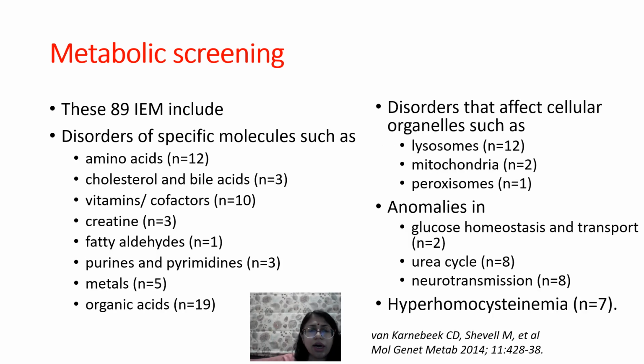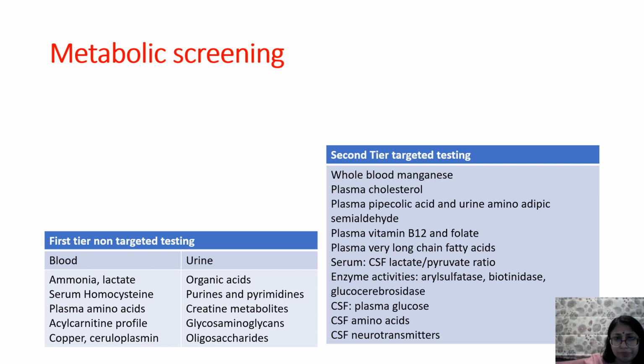So these IEMs included disorders of specific molecules like amino acids, cholesterol and bile acids, vitamins, cofactors, creatine, fatty aldehydes, purines and pyrimidines, metals, organic acids. Disorders that affect cellular organelles like lysosomal, mitochondrial or peroxisomal, or anomalies in glucose homeostasis and transport, urea cycle, neurotransmitters, and hyperhomocystinemia.